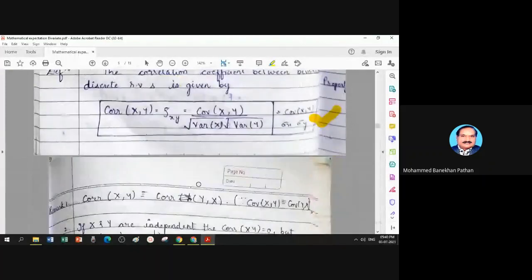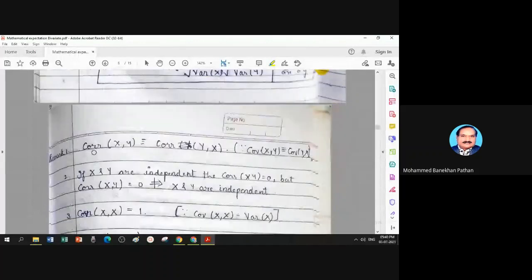You have results, remarks: correlation between x and y is the same as correlation between y and x. The relation between brother and sister or sister and brother will never change.